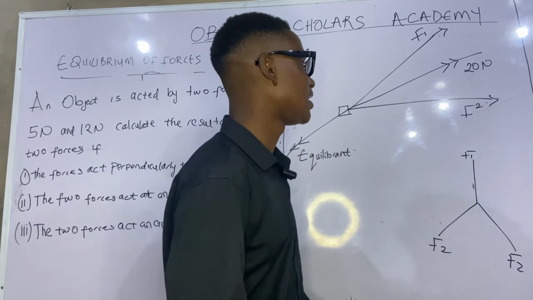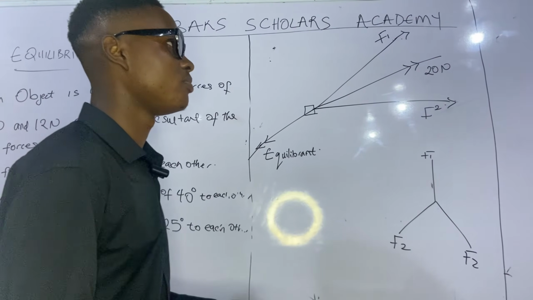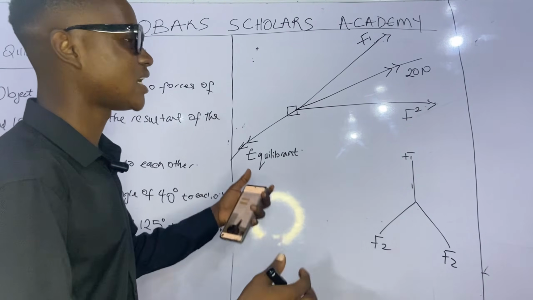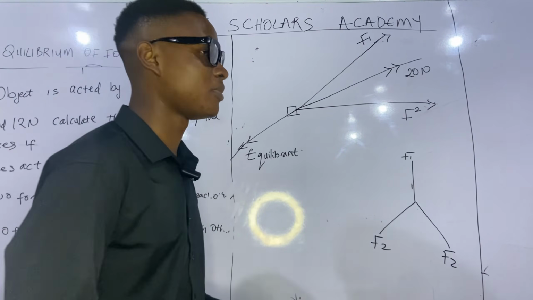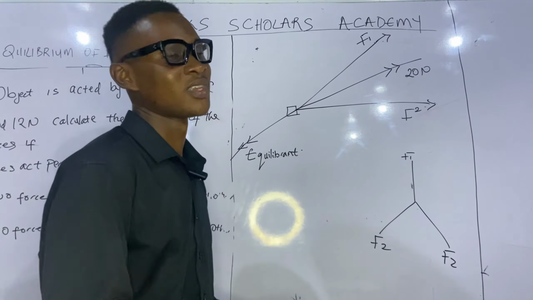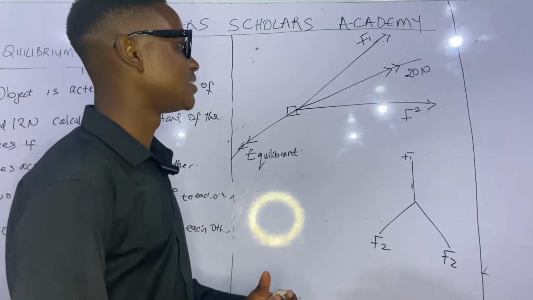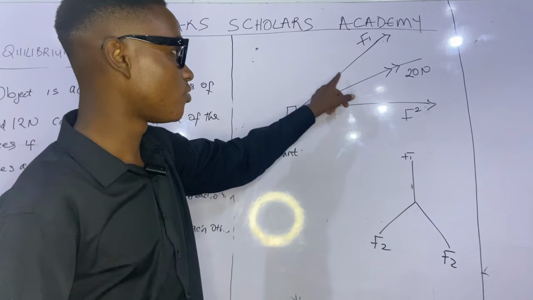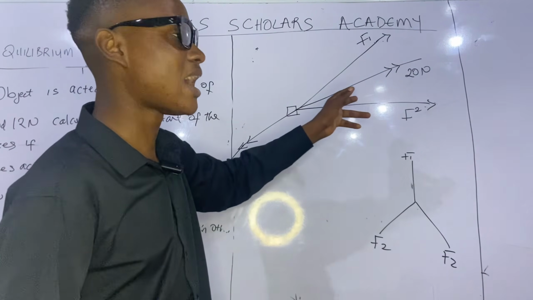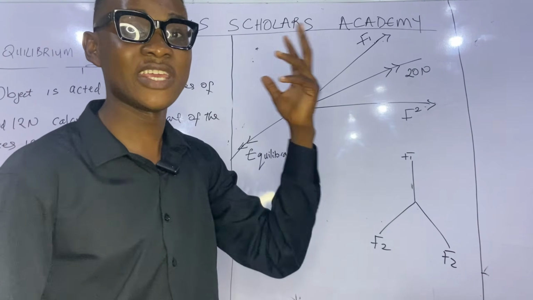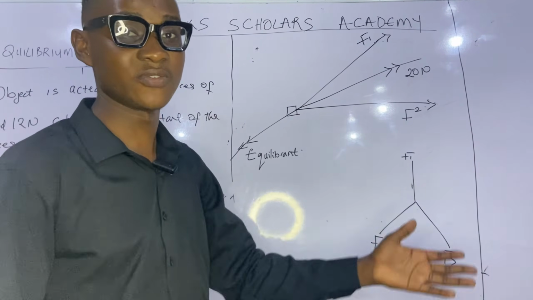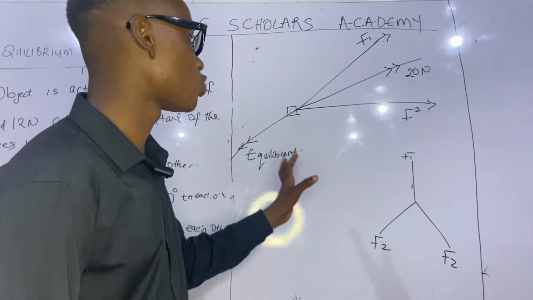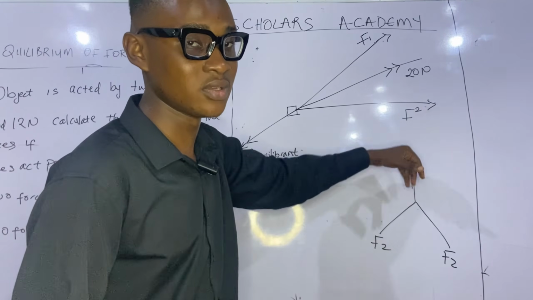So before we start, let's do a quick recap. Remember, I said that a resultant force is that single force that has the same effect in magnitude and direction as two or more forces acting together, while the equilibrant force is that single force that will balance all other forces taken together.